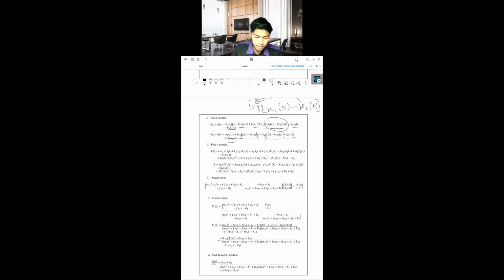Ini kita dah belajar dekat subtopik dalam mechanical modeling dengan electrical modeling.